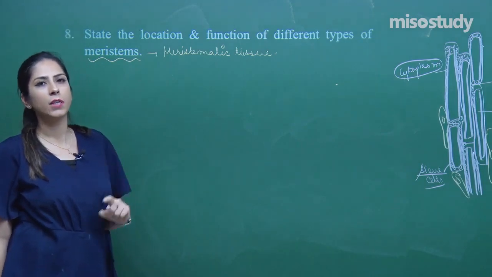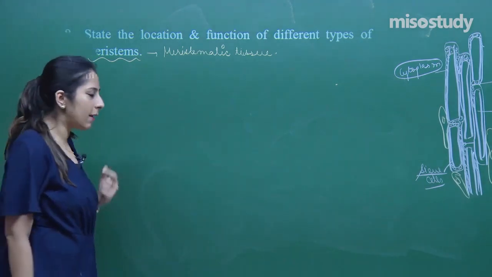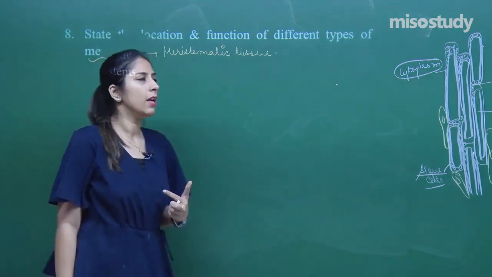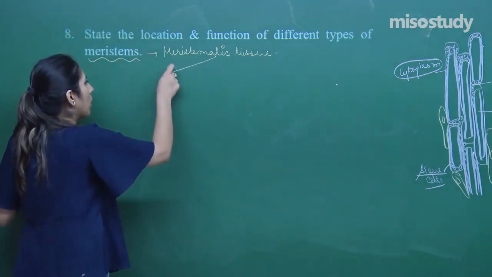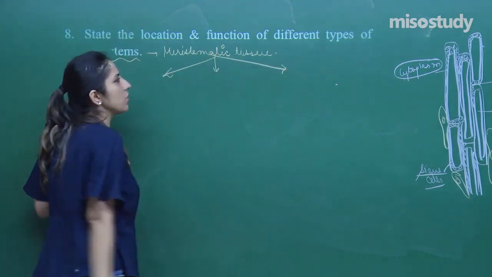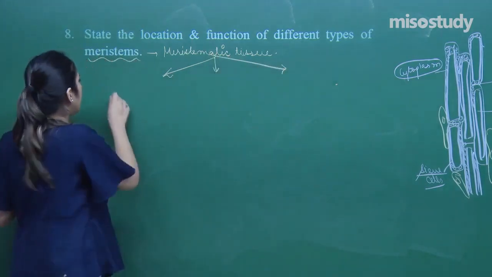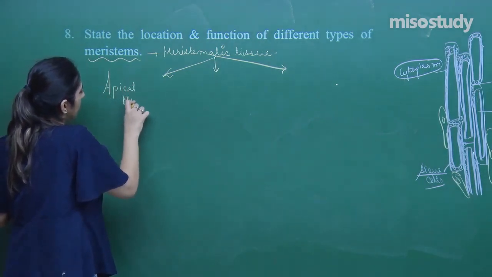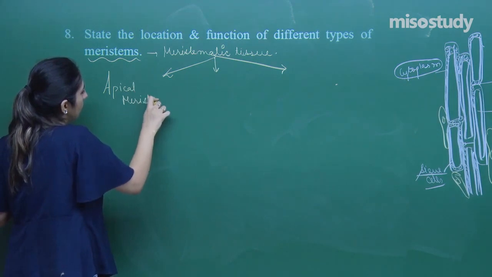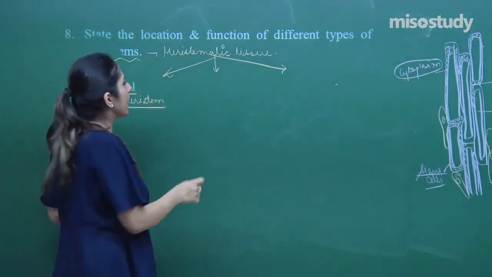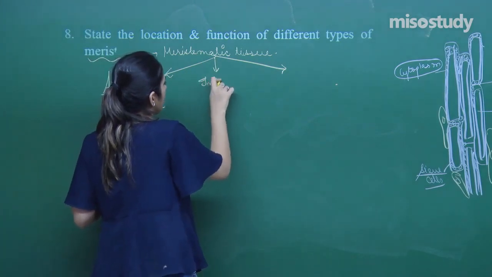First of all, give a definition of meristematic tissue. Rapidly dividing cells are there. Unspecialized cells are there. Meristematic tissues are of 3 types that we have studied in session. One is called as a apical meristem. Second is called as a intercalary meristem.